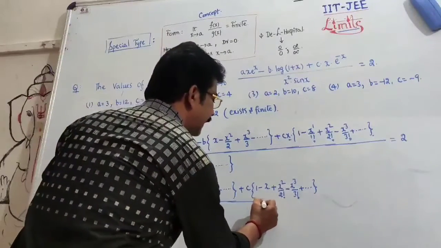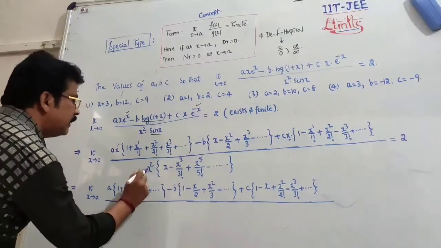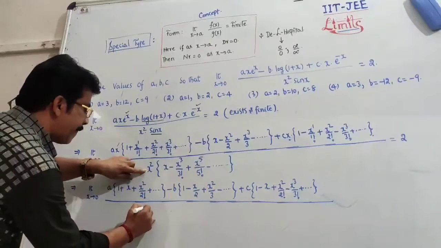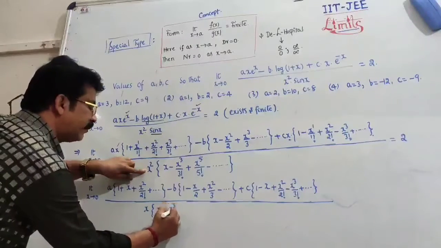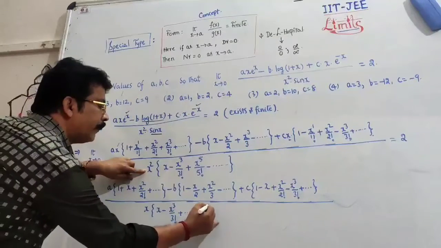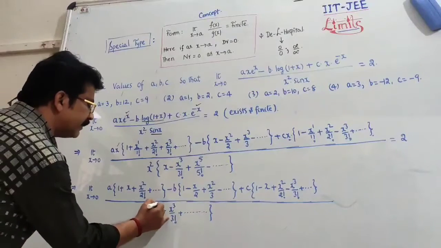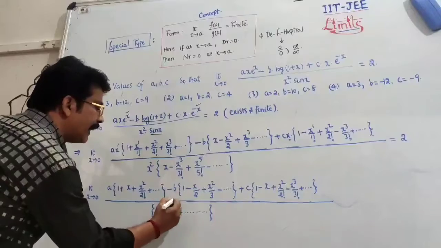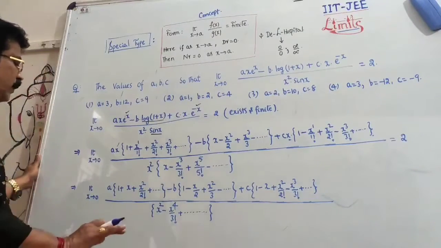Next we write the denominator. When x cancelled, it remains x into x minus x cubed by 3 factorial plus and so on, like that. Okay, there itself let us multiply x into x square. Next it will become x to the power of 4, like that.